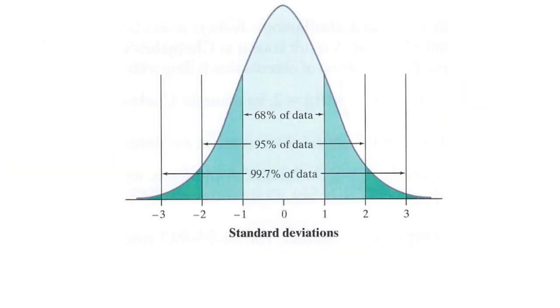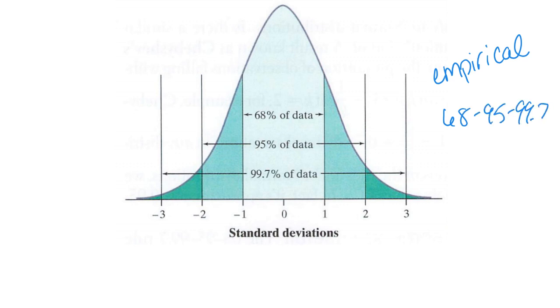So when we're using a normal curve, we can apply a rule that is sometimes called the empirical rule. And some of you may be familiar with this. The empirical rule, or the 68, 95, 99.7 rule, is going to state that 68% of our data points fall within one standard deviation below and above the mean.